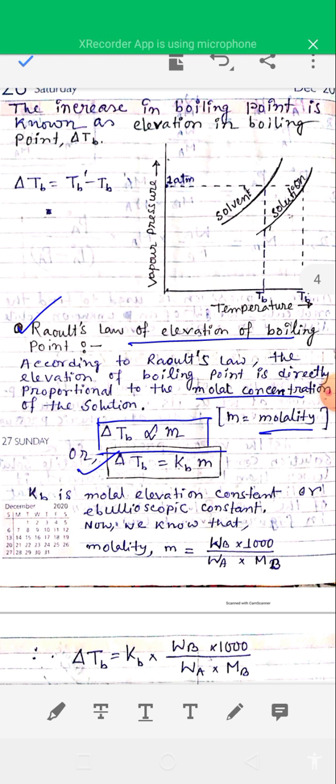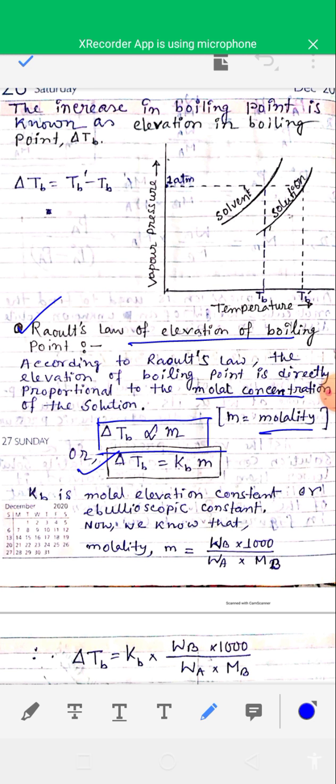Okay, and now you know how to calculate molality of solution. The formula for molality, which is represented by small m, is molality equal to Wb by Wa into 1000 divided by Mb, where Wb is the weight of solute, Wa is the weight of solvent, and Mb is the molecular weight of solute.